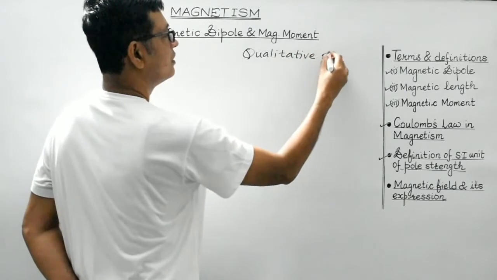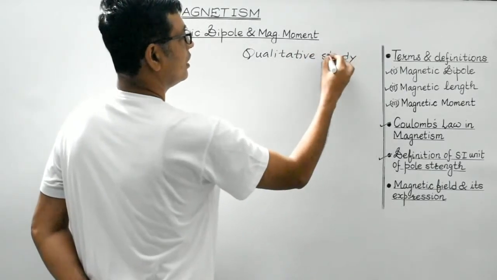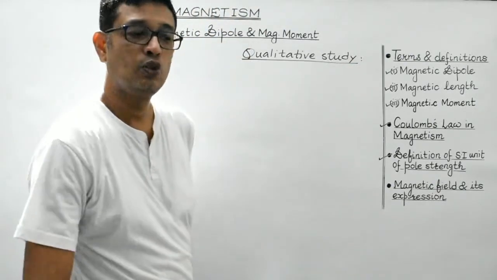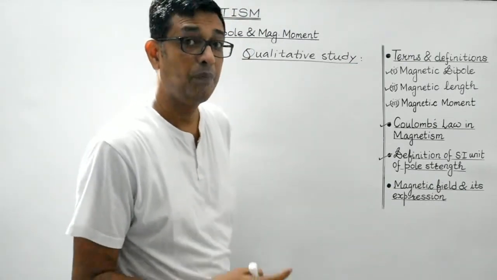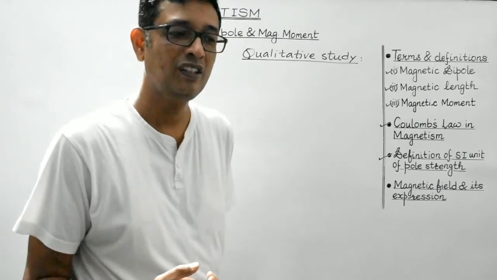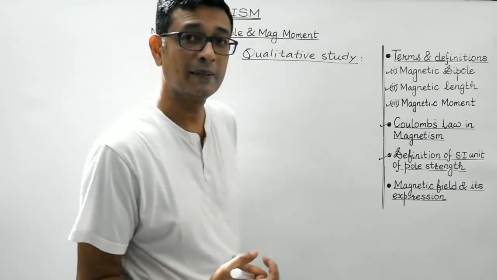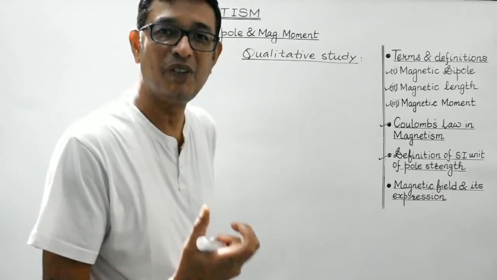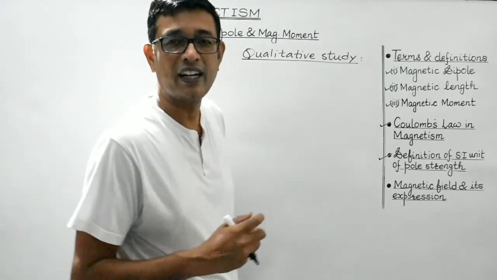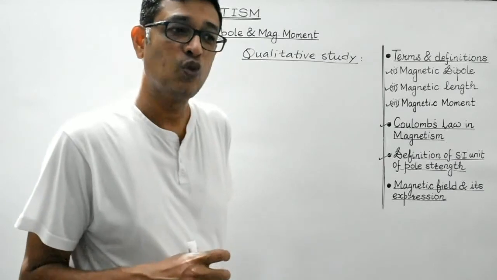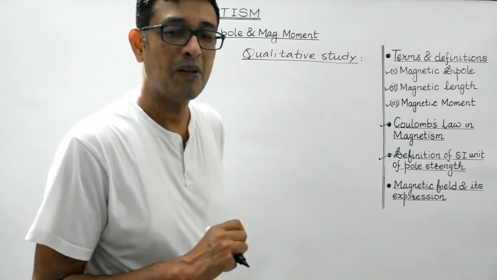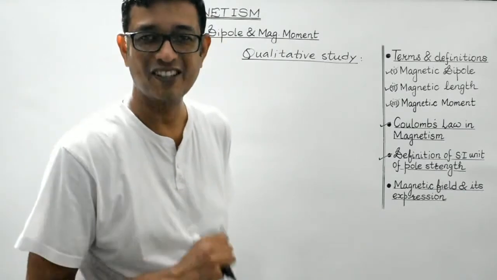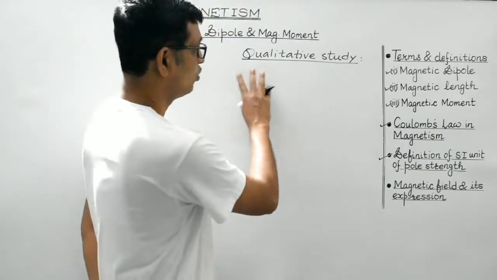It's very similar to what we studied in class 11 in the concept of gravitational field, source mass, test mass. Similarly, in electrostatics, we considered the qualitative definition of electric field by considering the concept of source charge, test charge, isn't it? So, qualitative study.